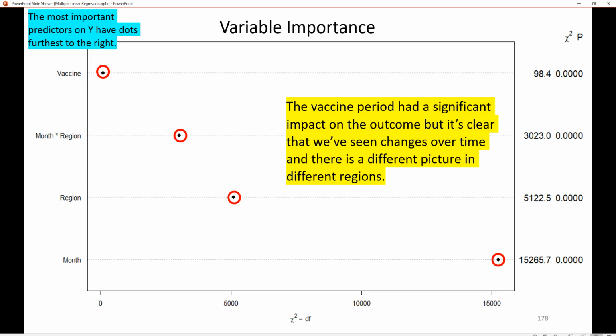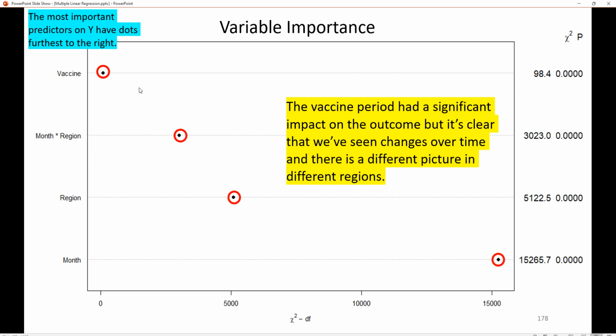And now we're going to look at variable importance, and we see that the most important predictors on our outcome have dots furthest to the right, and they're also the bottom rows. So we see the vaccine period had a significant impact on the outcome, but it's clear that we've seen changes over time, and there is a different picture in different regions.